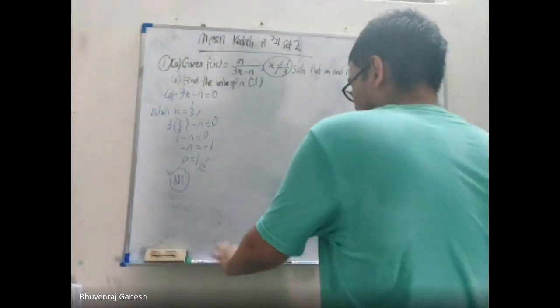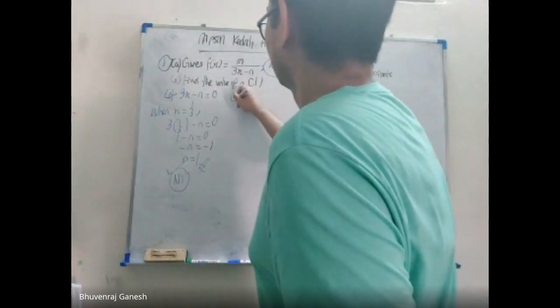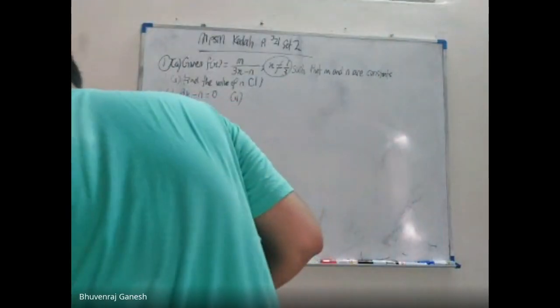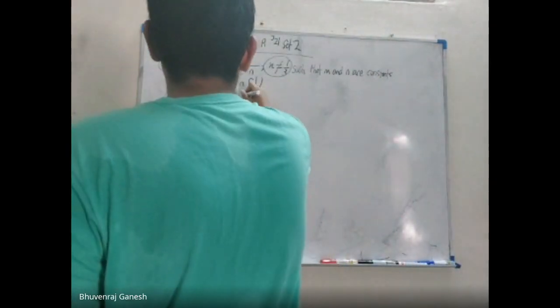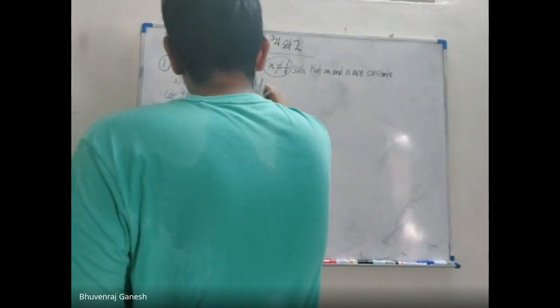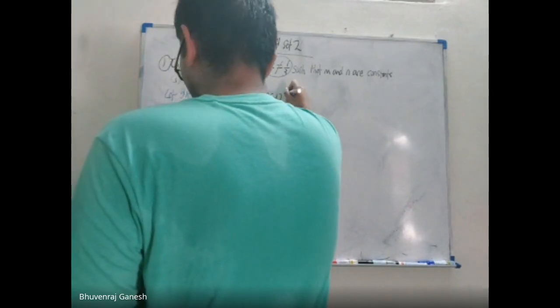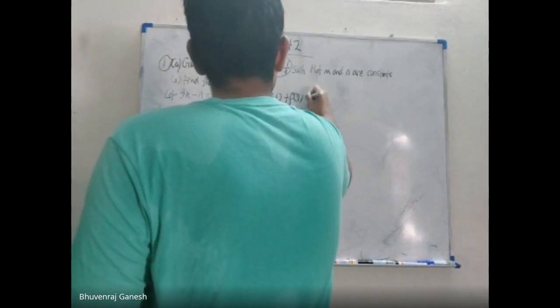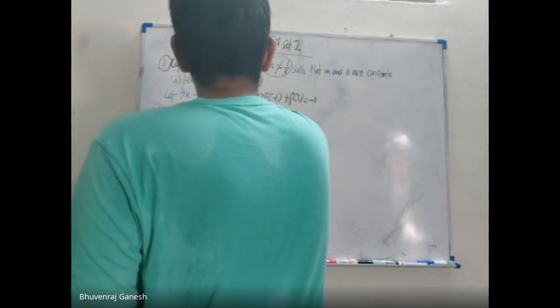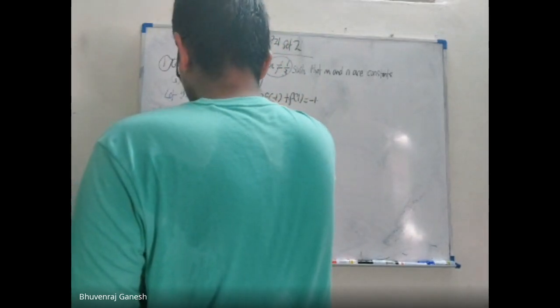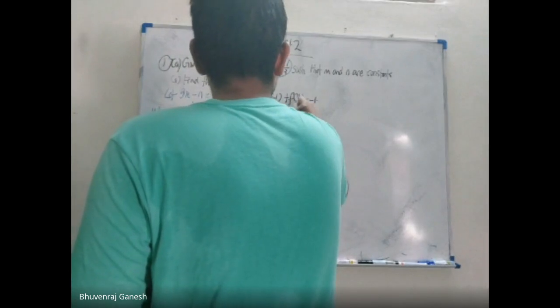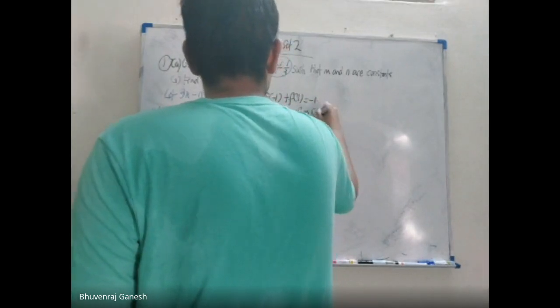So part 2 now. Part 2, they gave you an equation and ask you to find a value. Two marks for this. So it looks complex, right?